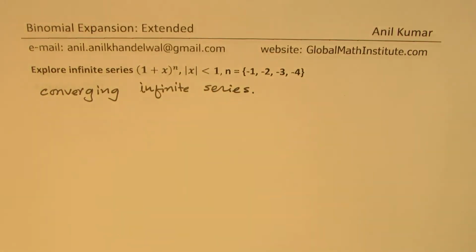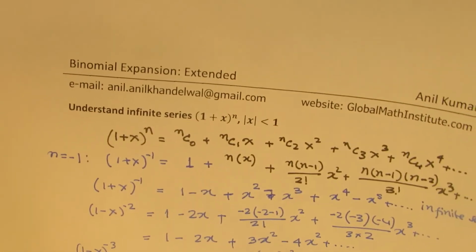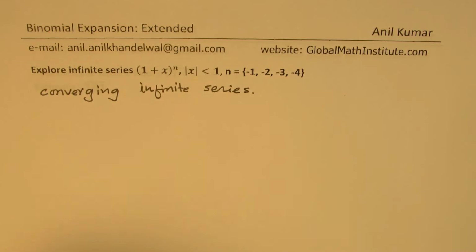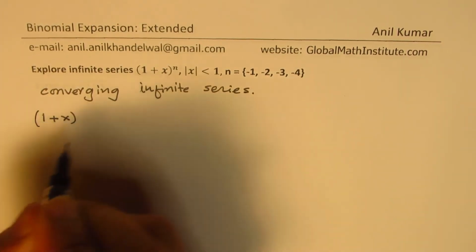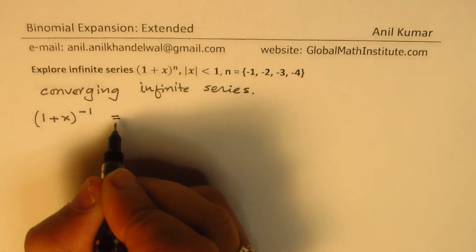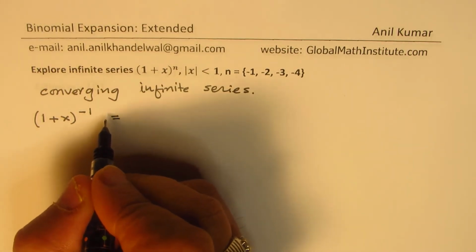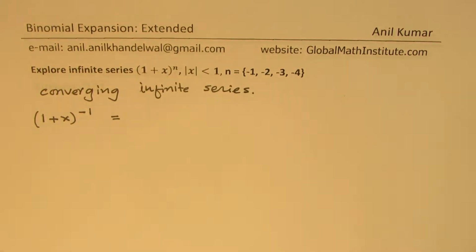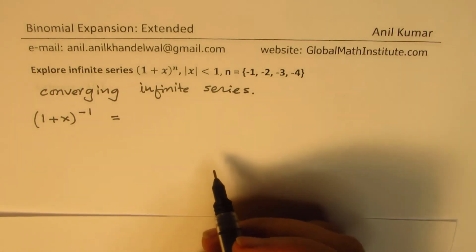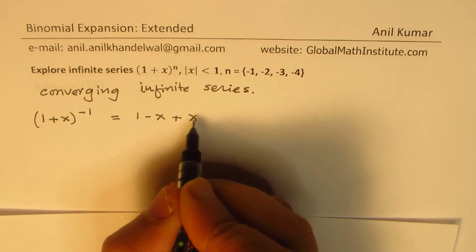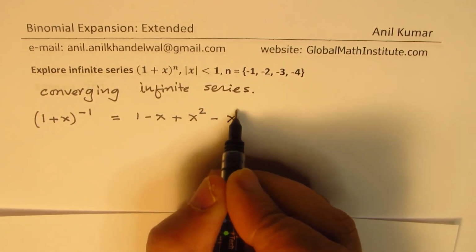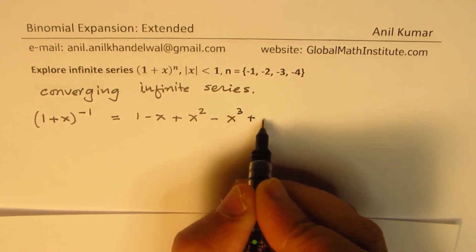So let me write down, copy from here, what we really got these series as. Now these are very important series to consider. So we have 1 plus x to the power of minus 1, and that can be written as alternating plus and minus: 1 minus x plus x squared minus x cubed plus so on.